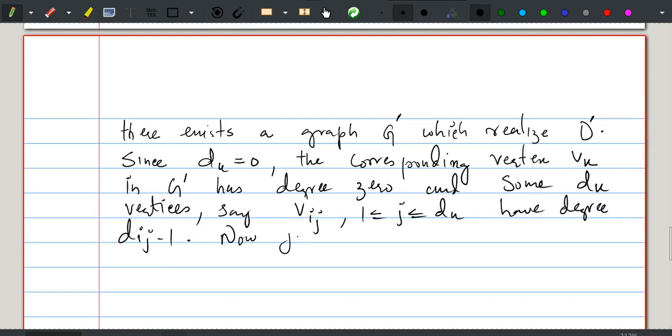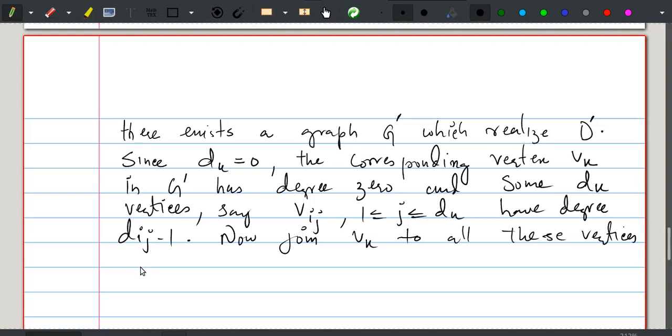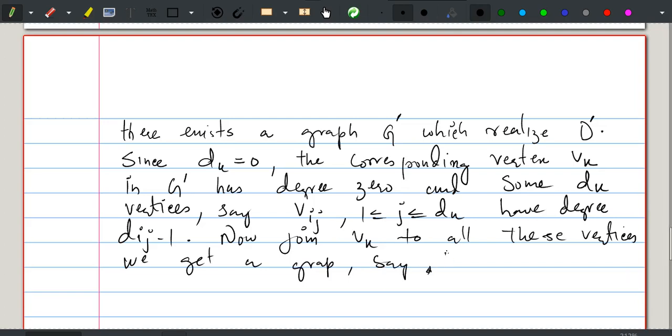Now if we join vk to all these vertices v_ij, we get a graph, say G, whose degree sequence is, since vk is of degree 0 in G prime, in G its degree will be dk, because vk is adjacent to these dk vertices, and their degree is going to exceed by 1 because vk is adjacent to each of these vertices.